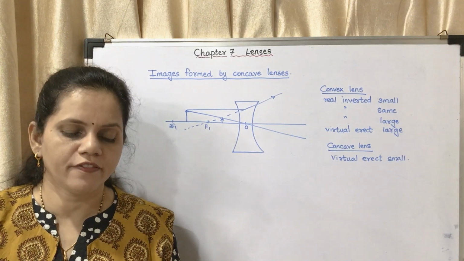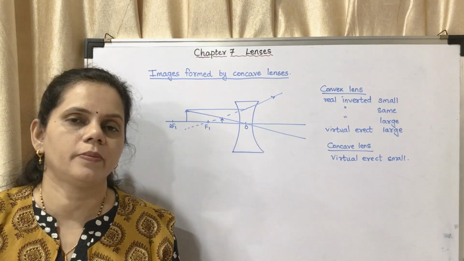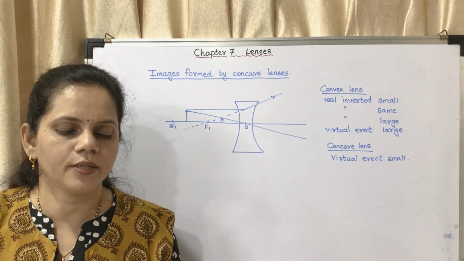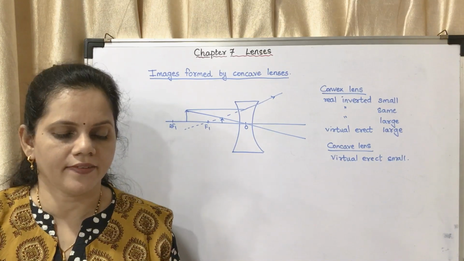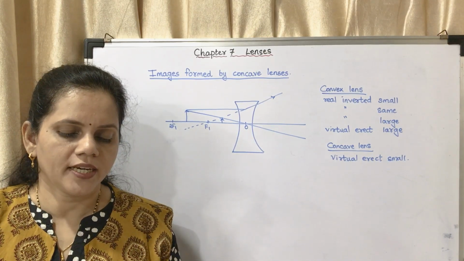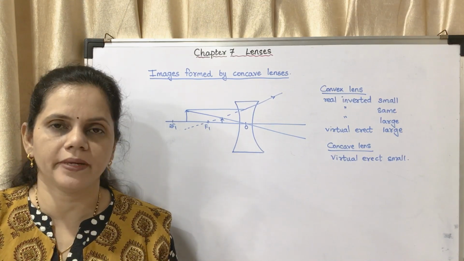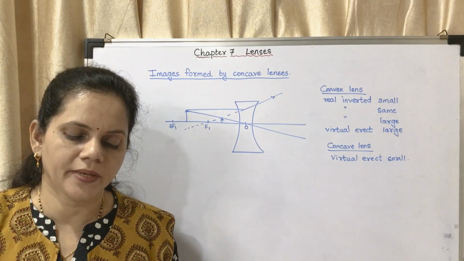On page number 84, they have shown a diagram showing images formed by concave lenses when the object is in between f1 and 2f1. You may see there is a table given. Position of the object at infinity. Where will be the image? The image will be at first focus f1. The size of the image is point size.